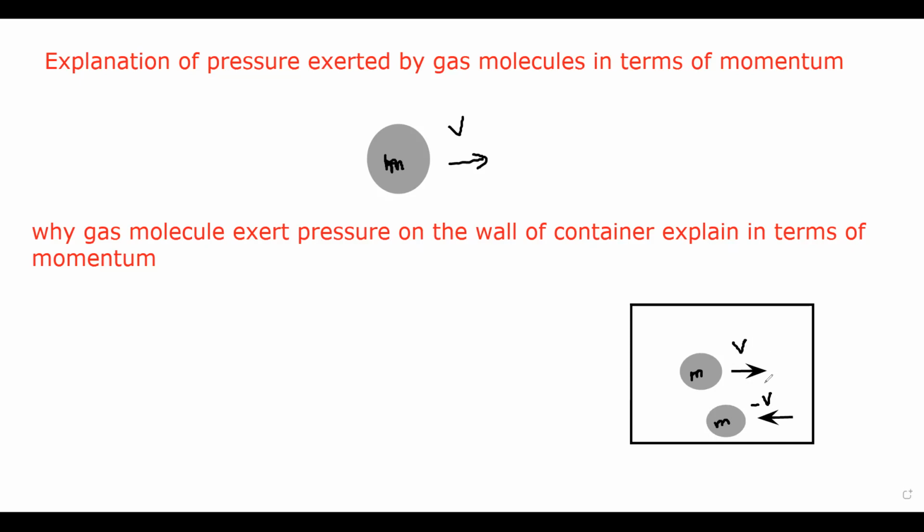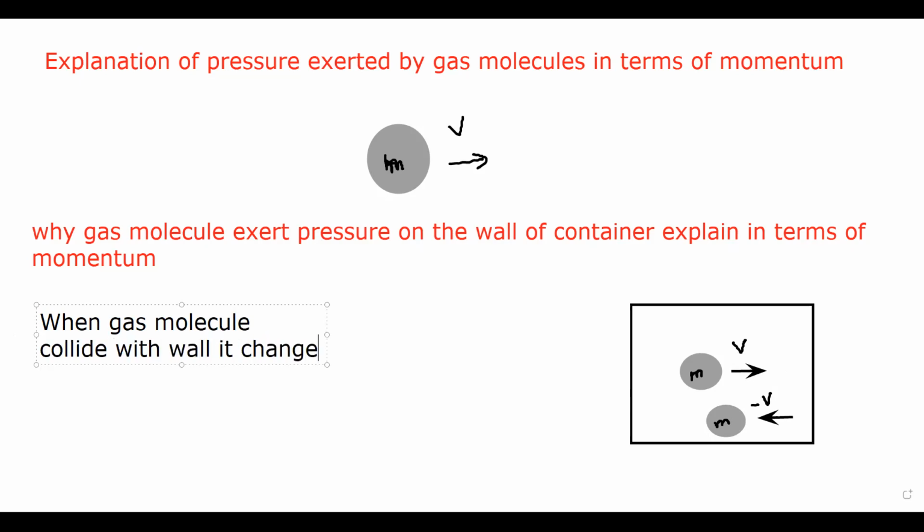Whenever direction changes, there will be a change in momentum. So the first point, when the gas molecule collides with a wall, it changes direction and momentum.